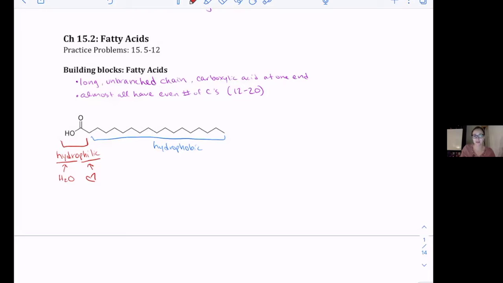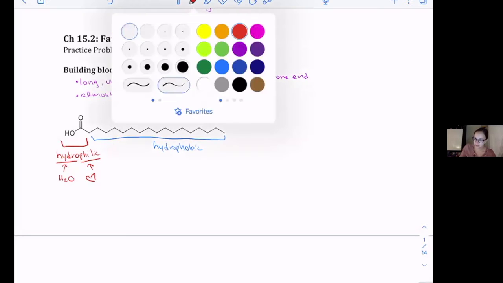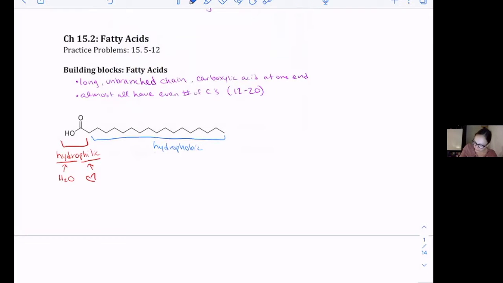So these carboxylic acid ends really love water. They're hydrophilic. On the opposite end of the spectrum, we have the same hydro root, so water. And then this root, you're probably a little bit more familiar with: phobic. That means fears. In this particular case, I'm going to write hates or fears.